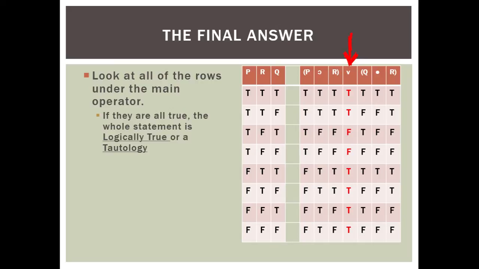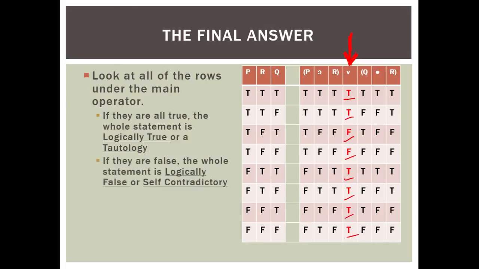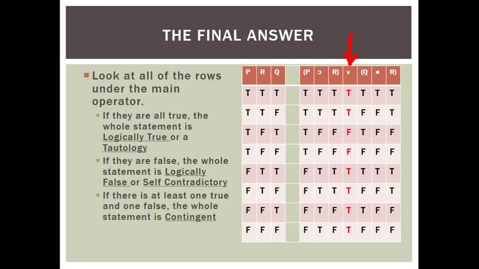So if everything under there is true, all 8 of those, the statement is logically true or a tautology. If all of those were false, the statement would be logically false or self-contradictory. If there's at least one true and one false, the whole statement is contingent.